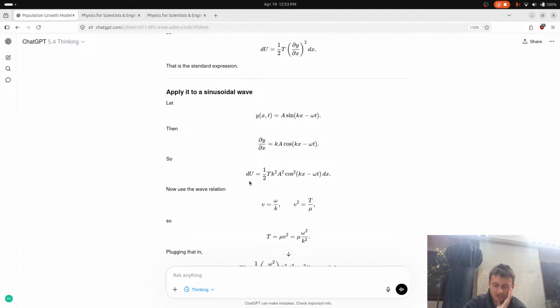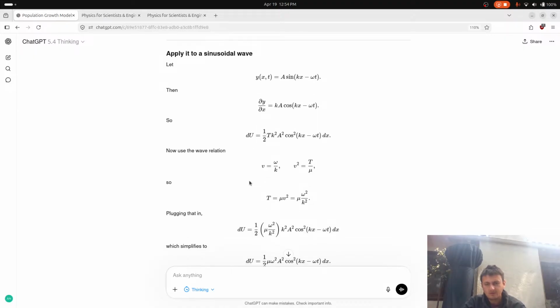So then we take the square of this thing and we plug it in. All right, so we're going to get dU is equal to 1/2 tension a squared k squared cos squared kx dx. And then you integrate this, and I guess you get... Oh, but wait.